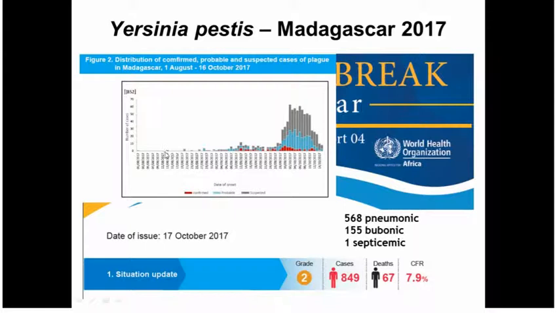This is the beginning of the outbreak, then you've got transmission, then you've got more people getting ill, and then the outbreak really starts to take hold here in September. A large number of cases, and then you've got a big outbreak response from the World Health Organization, Africa region, sending in more resources, more people to try and track down the contacts of people who've been ill, treat them preventively, and this kind of stuff. So now you've got the outbreak which is under control.